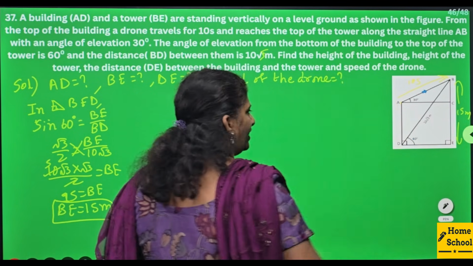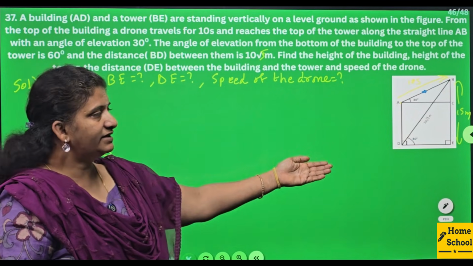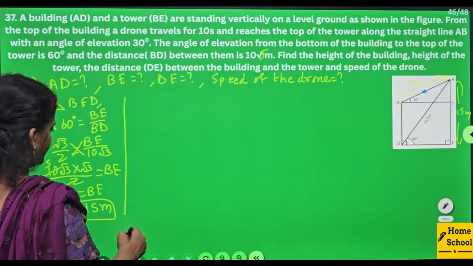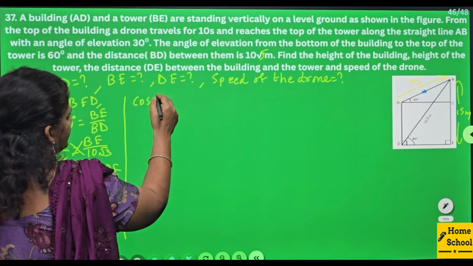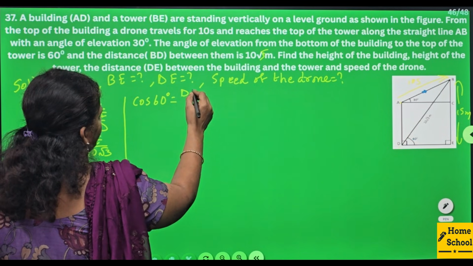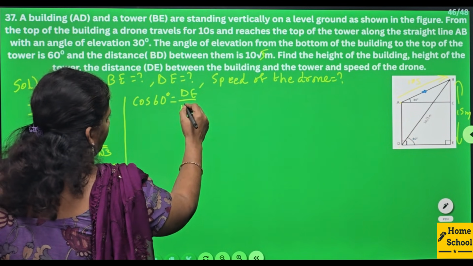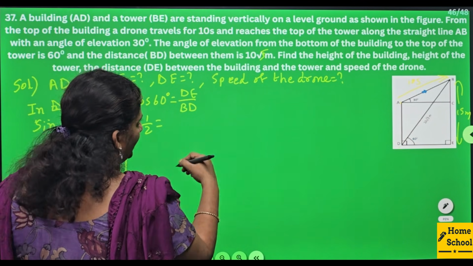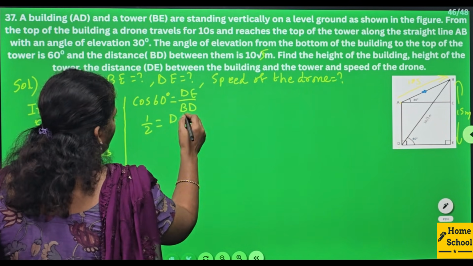Can't I find DE? Yes, adjacent and hypotenuse. Which ratio? Cos. Cos 60 degrees is equal to adjacent DE by BD. Cos 60 degrees value is 1 by 2. DE, we don't know DE.